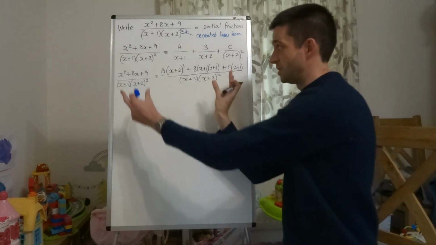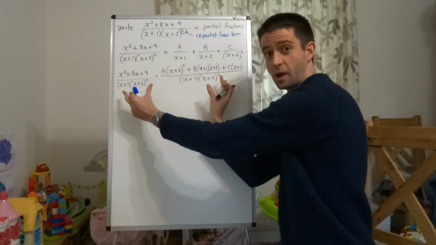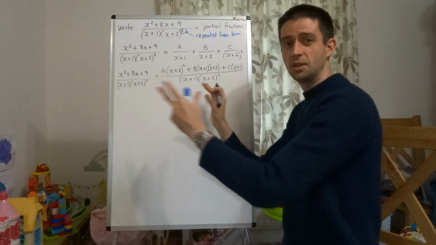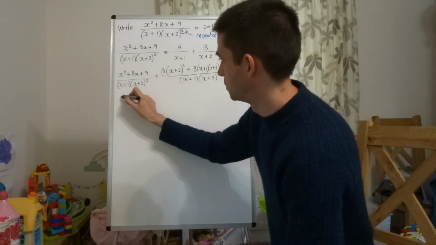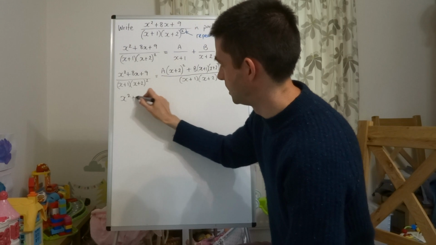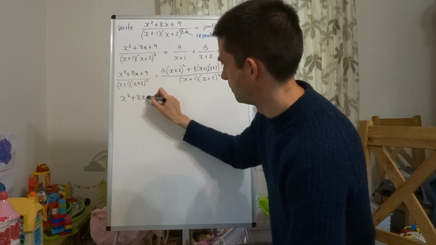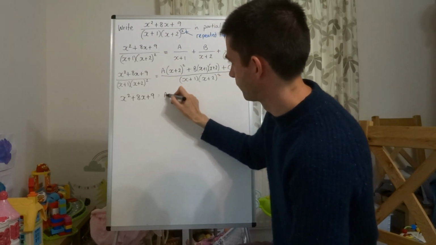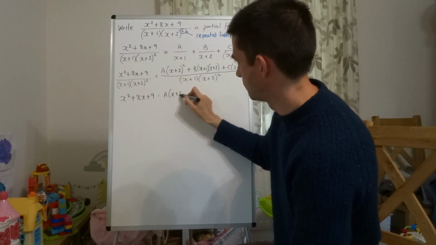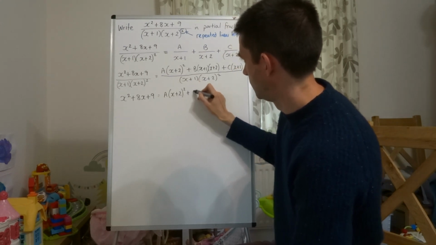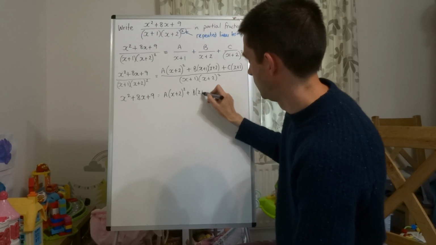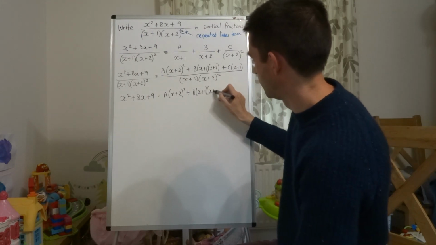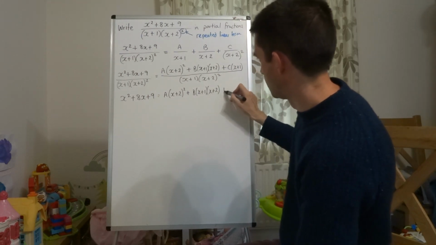Now again, I have the same denominator on both sides of my identity, therefore the numerators must be the same as each other. So I can deal just with the numerators now and write that x squared plus 8x plus 9 is equal to A(x plus 2) squared plus B(x plus 1)(x plus 2) plus C(x plus 1).